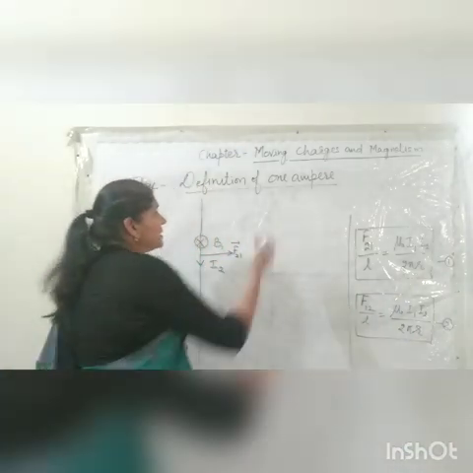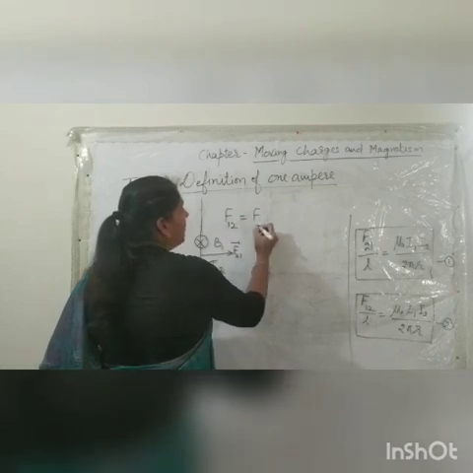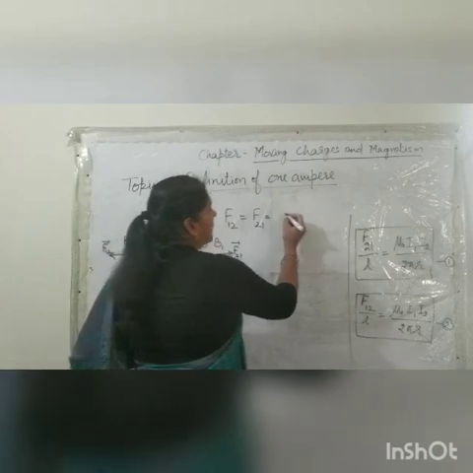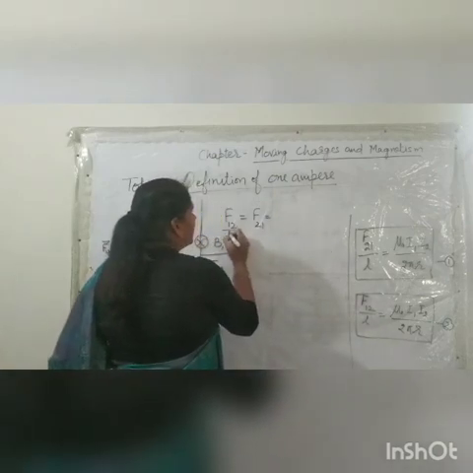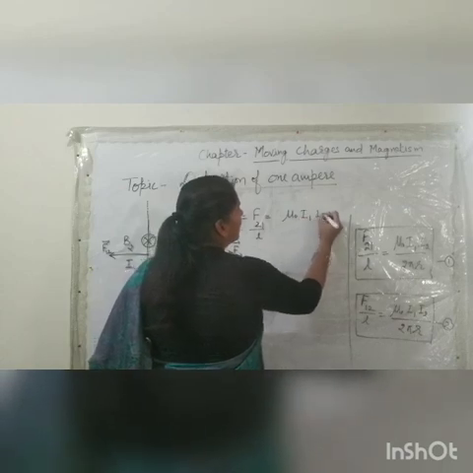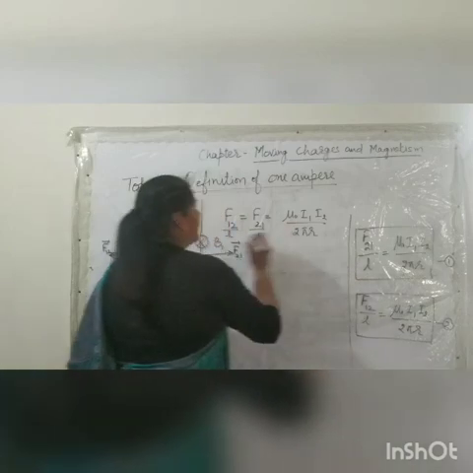So it means these two forces have the same magnitude. F12 is equal to F21, and per unit length L, this is mu naught I1 I2 upon 2 pi r.